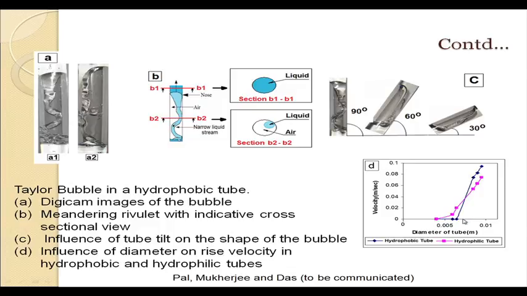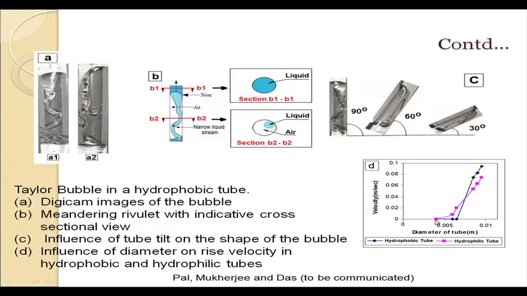So, as is evident from this particular graph, if you observe, we find that for a hydrophilic pipe, the critical diameter is lower, whereas for a hydrophobic pipe, we find that the critical diameter is higher as compared to a hydrophilic pipe.